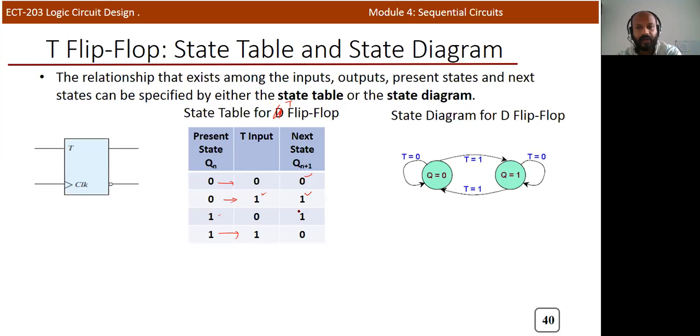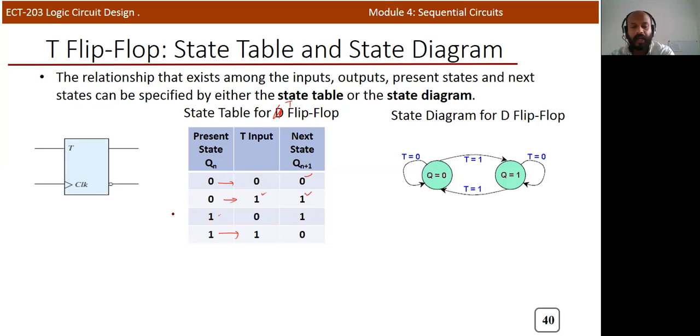Okay. Now we need to draw the state diagram. When Q is equal to 0 and T input is 0, it will maintain the same state, Q is equal to 0. And when T input is equal to 1 and Q is equal to 0, it will go to the next state.